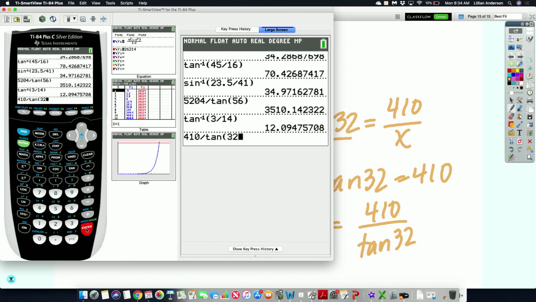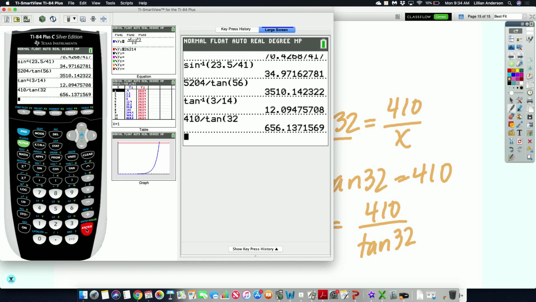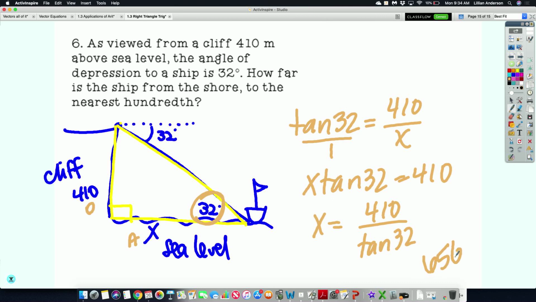You're rounding to the nearest hundredth. So what would that be? 656.14 meters.